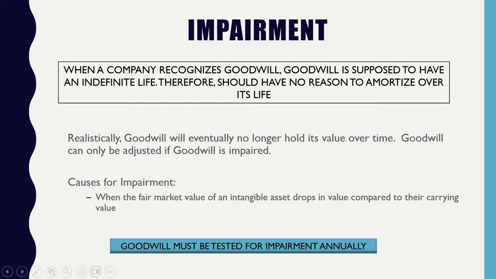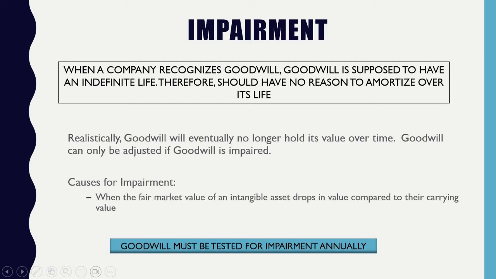So again, when we're looking at the value of when we purchased the XYZ company, it should have no reason to amortize over the life of the asset, right? So in this case, we're going to look at goodwill, because realistically it should be adjusted every end of the year, right?